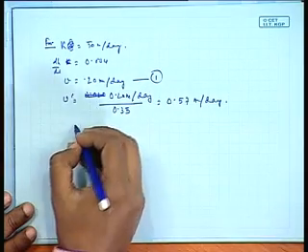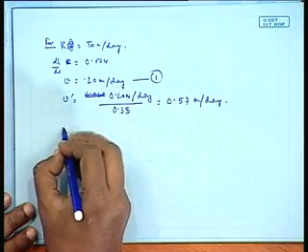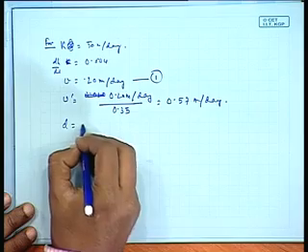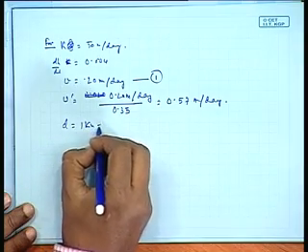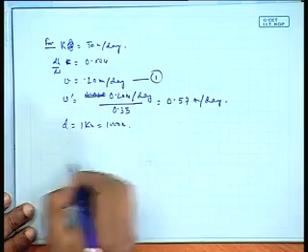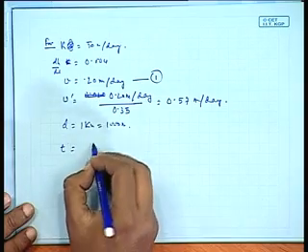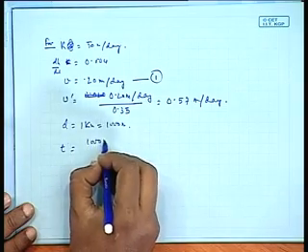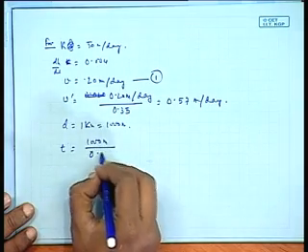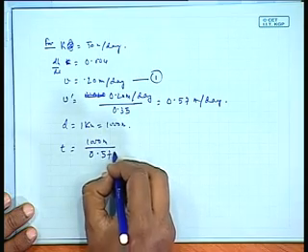Now, if it has to travel a distance, say distance d is 1 kilometer, this is 1000 meter. The time required is 1000 meter divided by 0.57 meter per day.